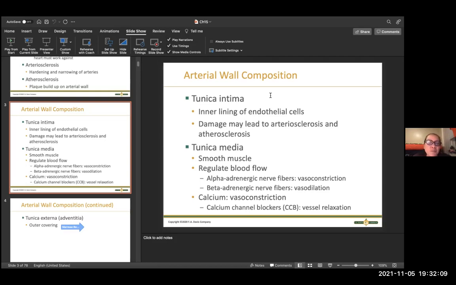The troponin, you remember that? Here in the tunica media, it is responsible for vasoconstriction or vasodilation, and the calcium channel blocker will relax the vessels.